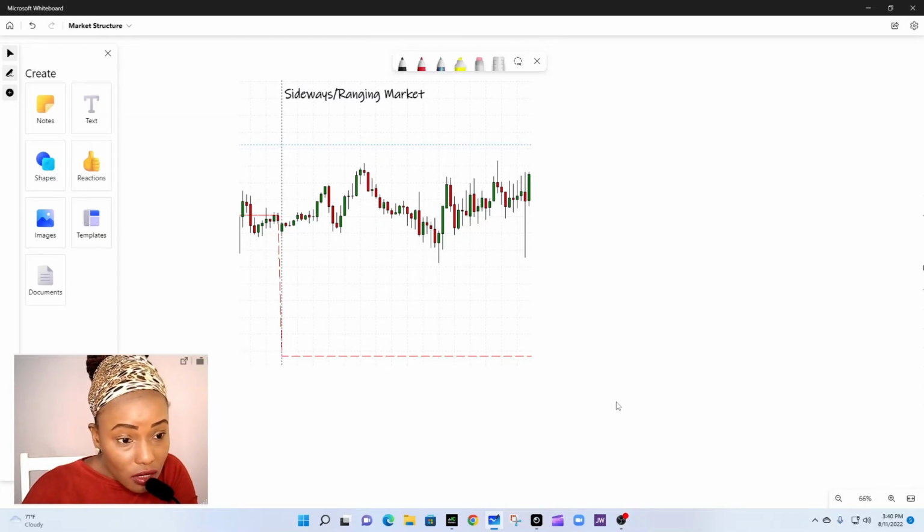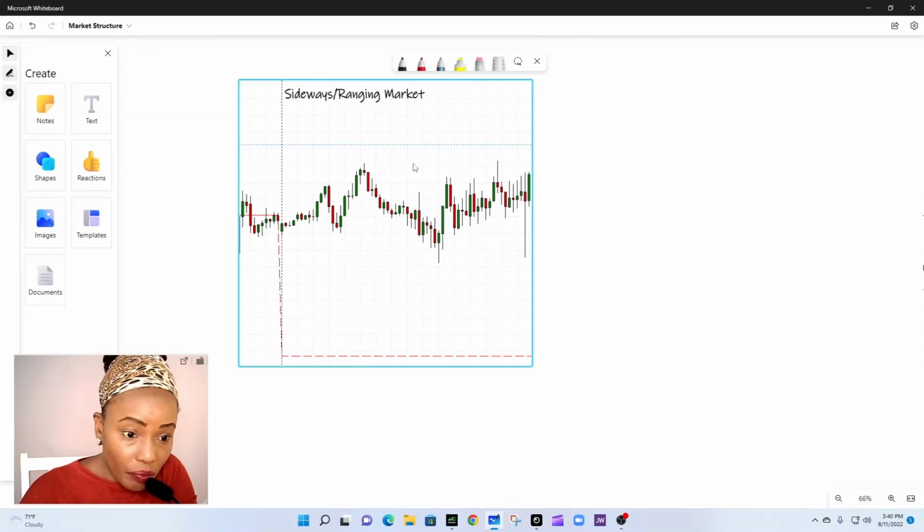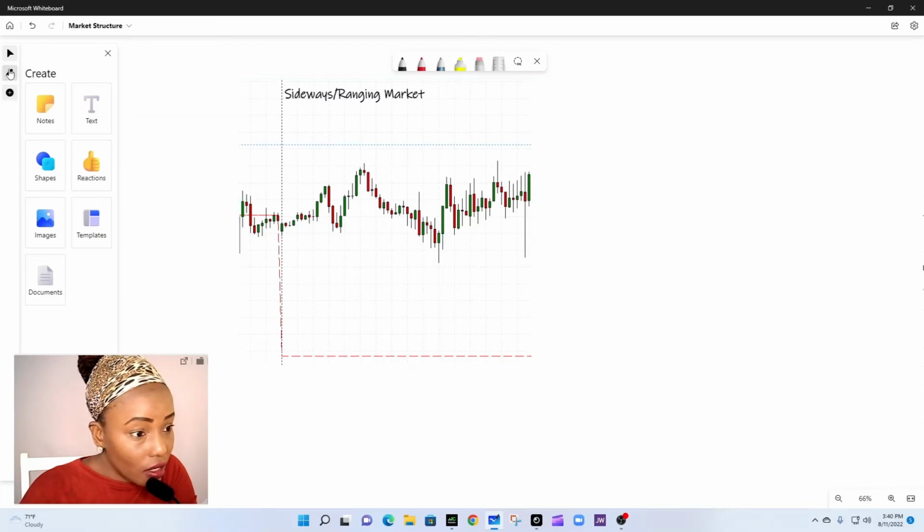How do you know it's a ranging market? It is because this chart has no distinct direction of the price. You cannot find any higher highs, nor can you find any lower lows. So this is where price is fluctuating within a tight range.